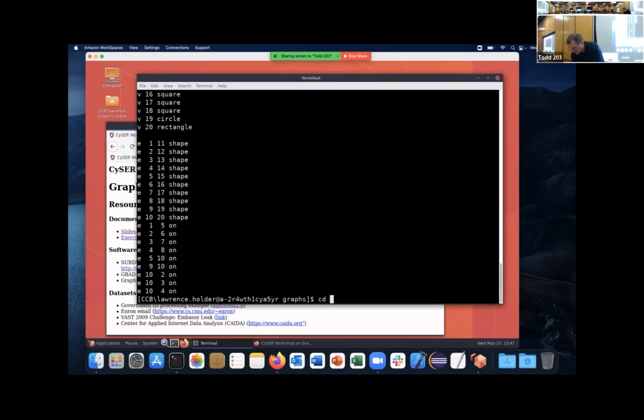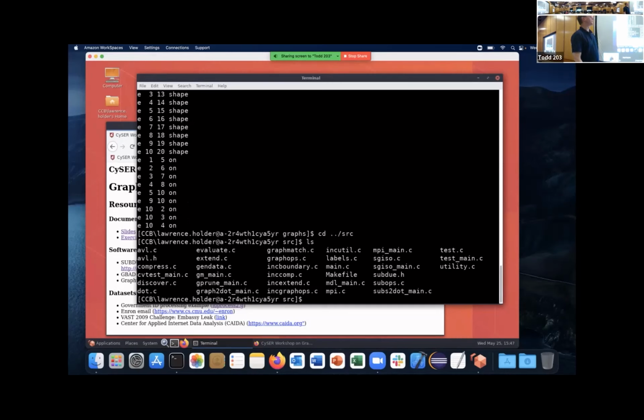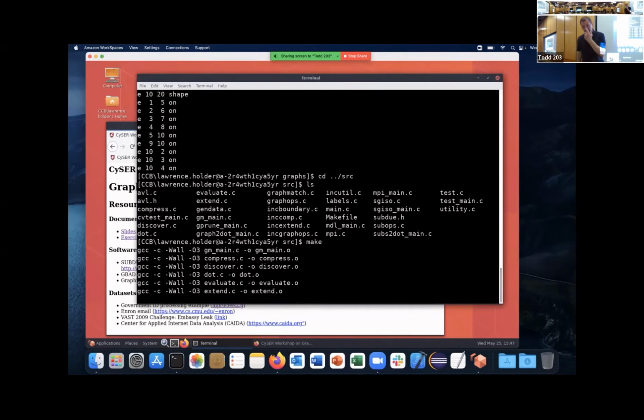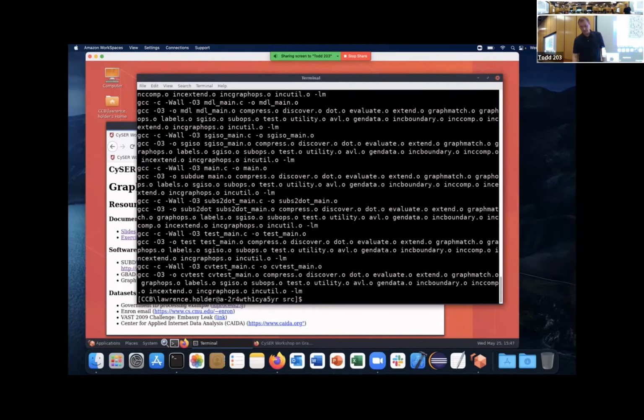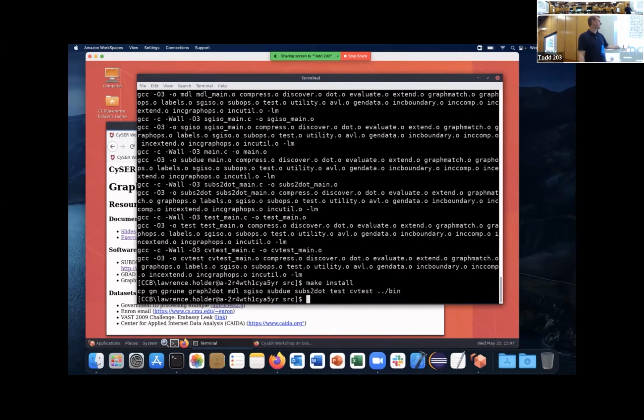So if you go back to the source directory, so again, this is a C program or a lot of different C programs. And to compile it, you should just be able to type make. And then make install. All that does is copies a bunch of programs that it just compiled into this bin directory.